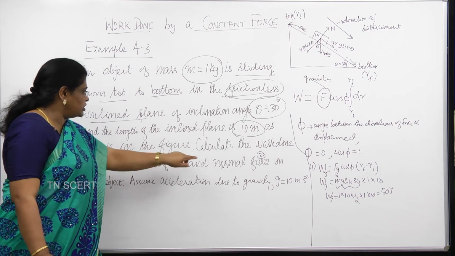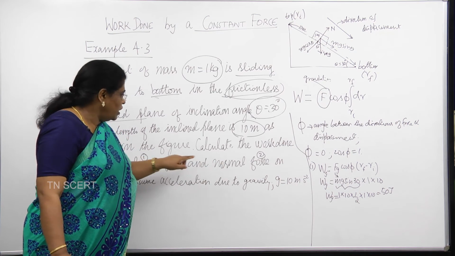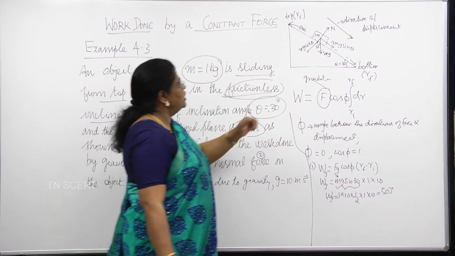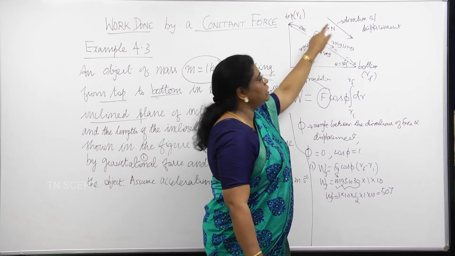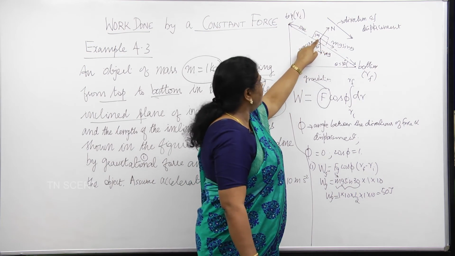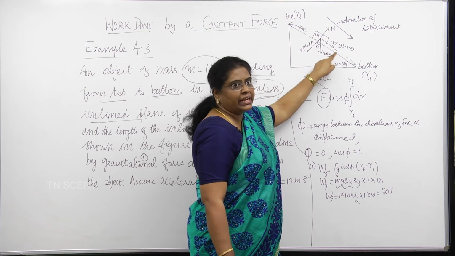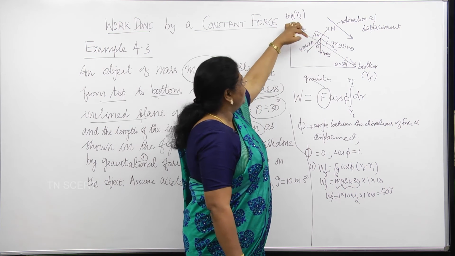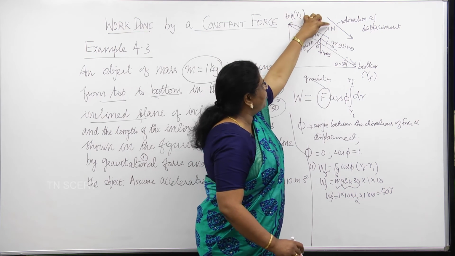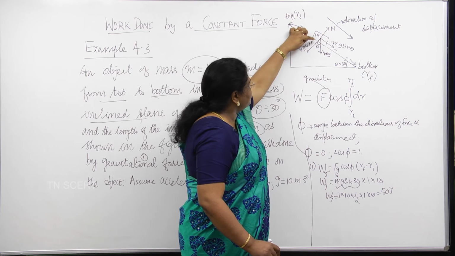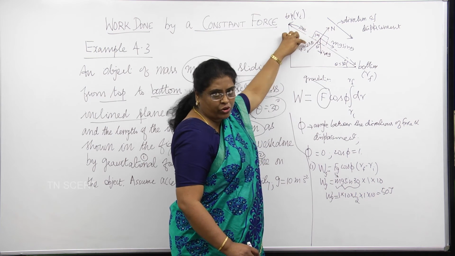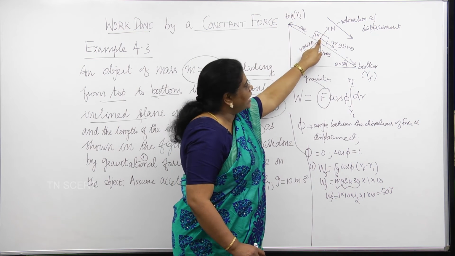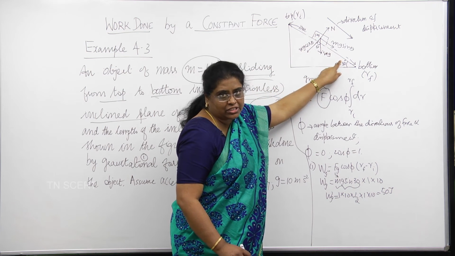Now, there is an additional question. What is the work done by the normal force? In this case, the normal force is acting in the perpendicular direction to the direction of motion. If you carefully see this picture, the normal force is acting upward, and one of the components of the gravitational force is acting exactly in the opposite direction, and the sliding is taking place in this direction.